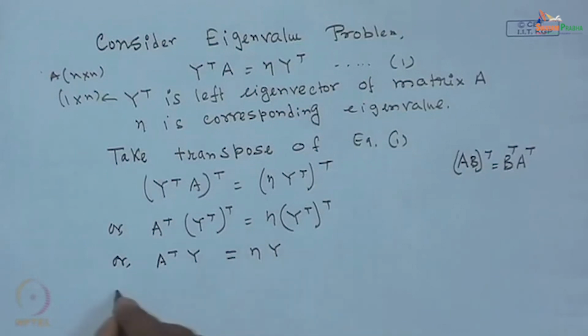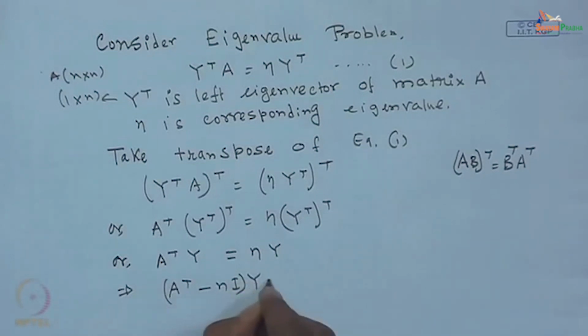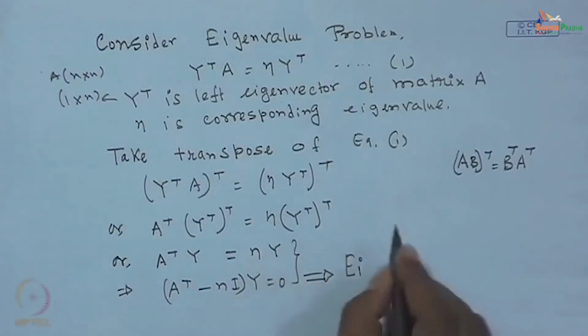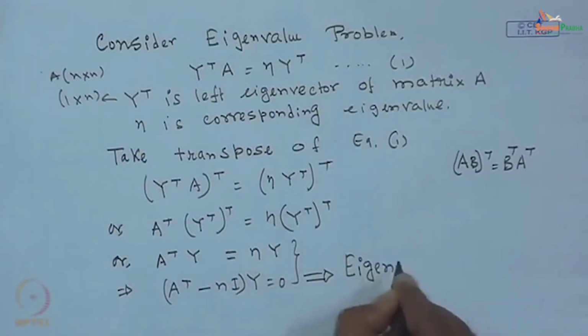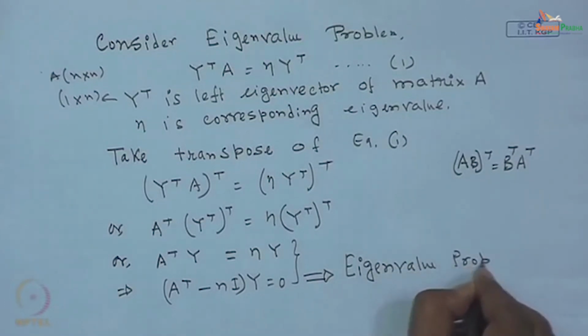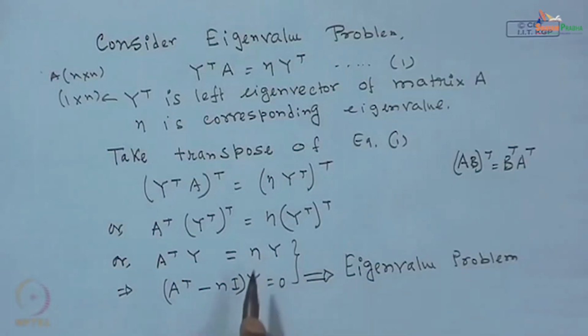So, again if you look into this equation, this is again an eigenvalue problem. The form of the equation is again an eigenvalue problem. Here the corresponding matrix is A transpose and the eigenvector is y.